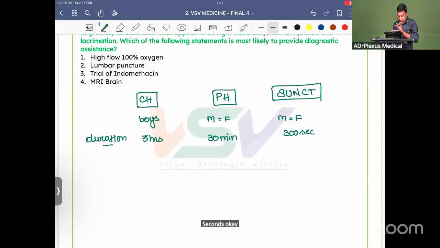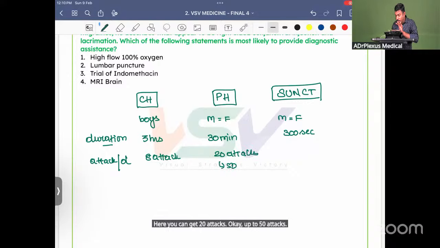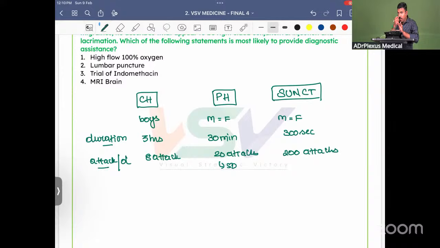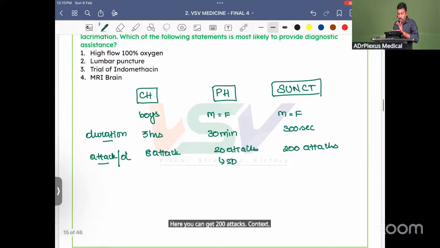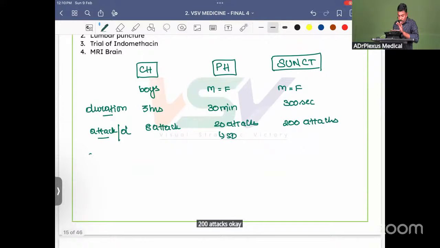So in a single day, here you can get a maximum of 8 attacks. Here you can get 20 attacks, up to 50 attacks. Here you can get 200 attacks.